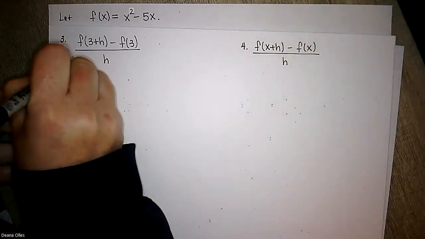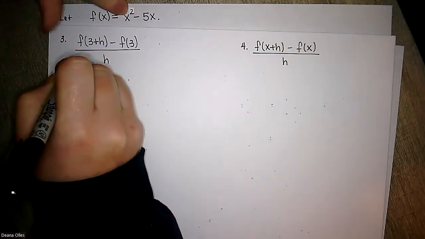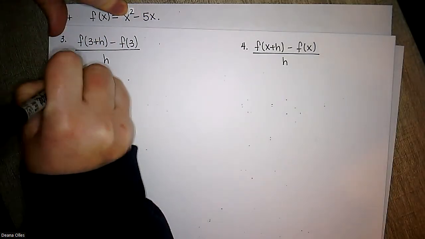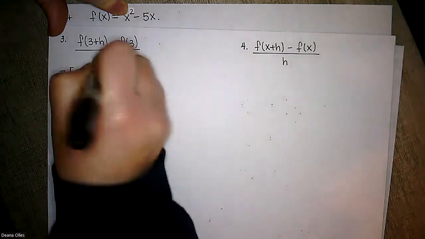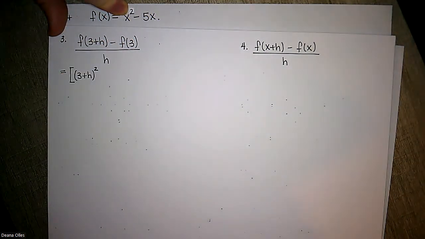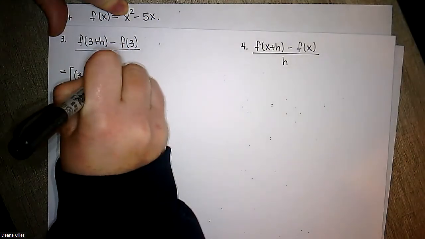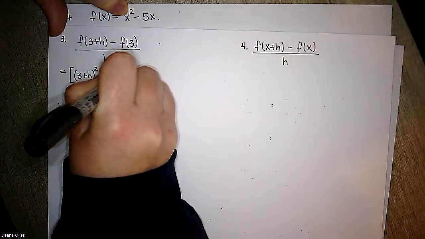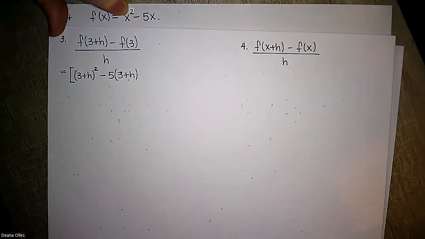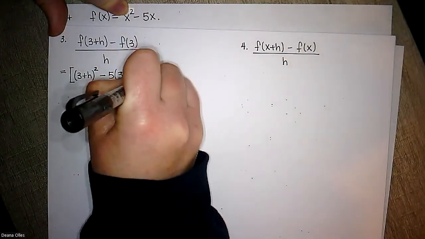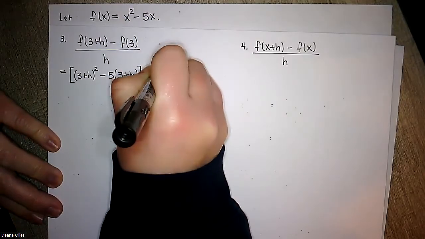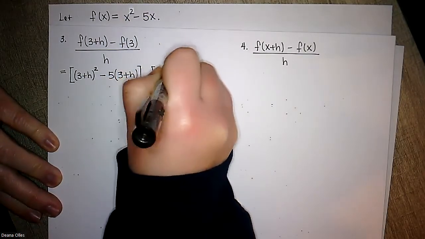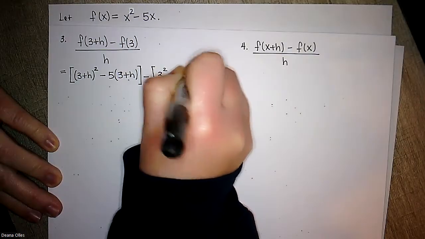Alrighty, so f of 3 plus h, that means everywhere I see an x, I'm going to replace it with the quantity 3 plus h. So I need quantity 3 plus h squared minus 5 times the quantity 3 plus h. And then all of that minus f of 3, which is, again, 3 squared minus 5 times 3.